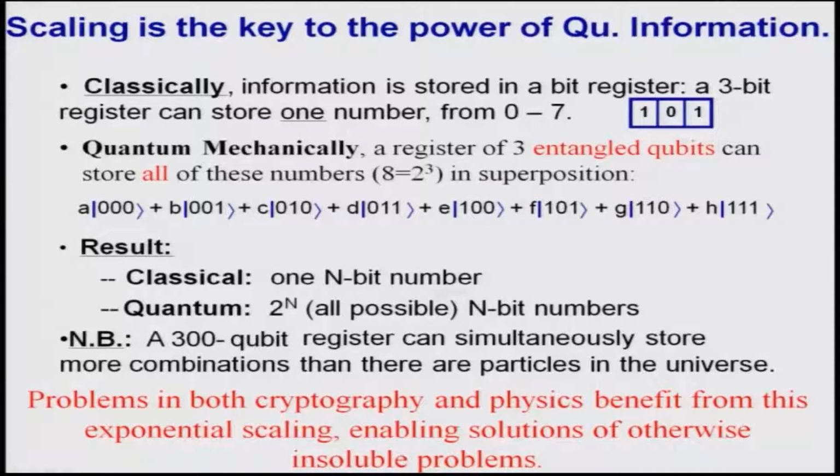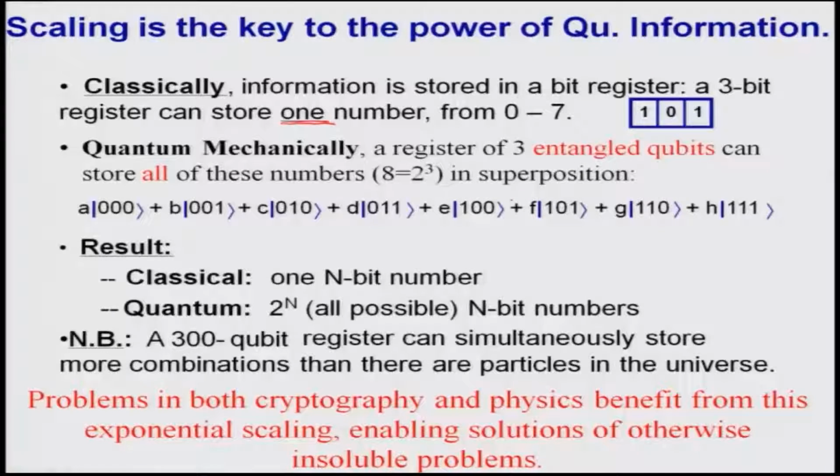So a register of 3 qubits can have all the numbers stored at the same time, whereas in the classical sense only one number could be stored. That is the extreme benefit of the scaling that is available due to quantum information.